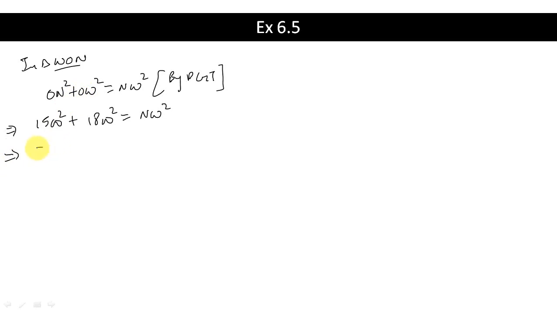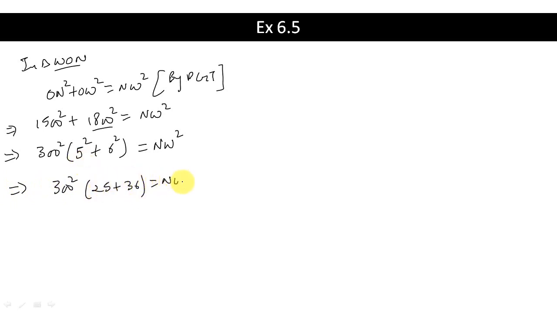So I can take out 300 square as common from both these values. So you will be left with 5 square plus 6 square, because 3 into 5 is 1500. Since we have taken out 300 square as common, you will be left with 5 square and 6 square. So 300 square multiplied by 25 plus 36 is NW square.